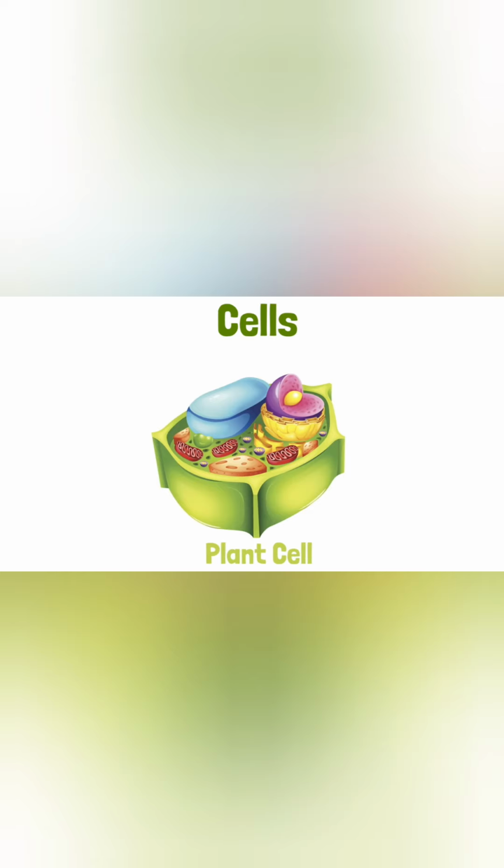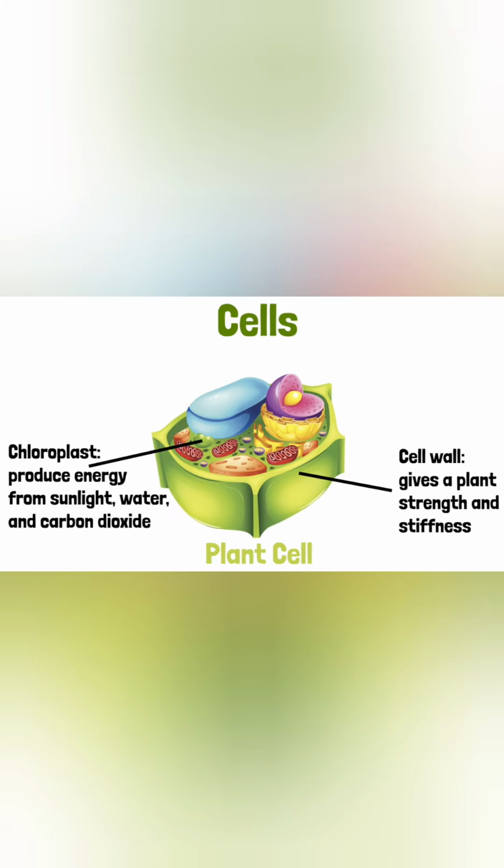Plant cells are very much like animal cells. They also contain organelles such as nucleus, cell membrane, cytoplasm, vacuoles and mitochondria. In addition to these, plant cells have other important features like the cell wall, which gives a plant strength and stiffness. The cell wall is a rigid coating round the outside of the cell membrane. It helps the plant cell keep its shape.